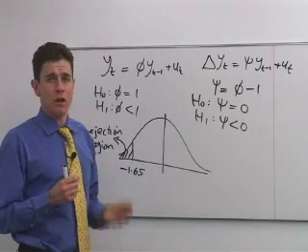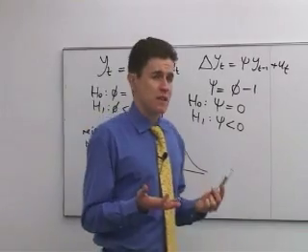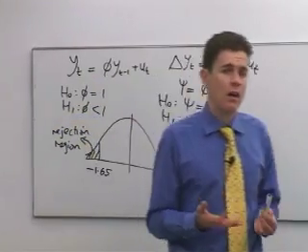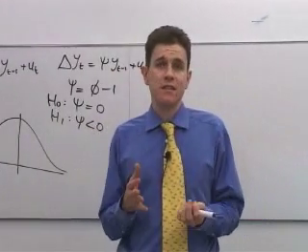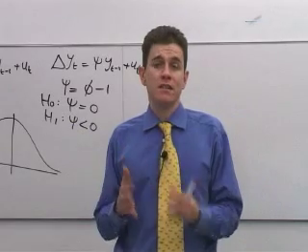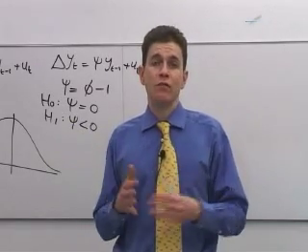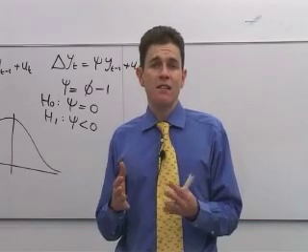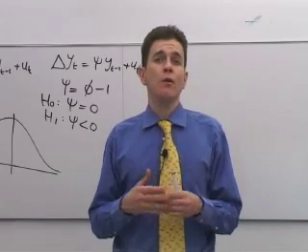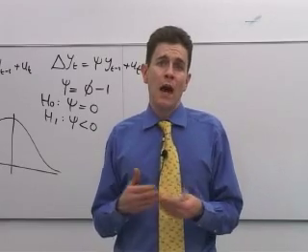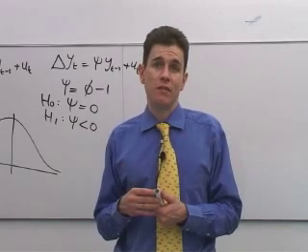So the way that we conduct the test is exactly the same as for a standard t-test. That is, we obtain the value of the test statistic, and we see whether the test statistic is bigger and more negative than the critical value or not. If the test statistic is more negative than the negative critical value, then we would reject the null hypothesis, and therefore we would conclude that the series we were testing was stationary.